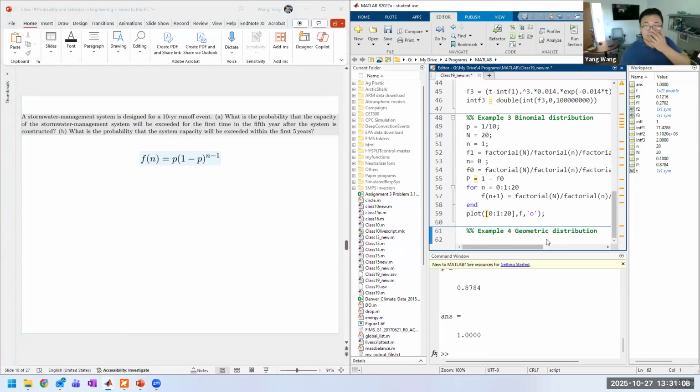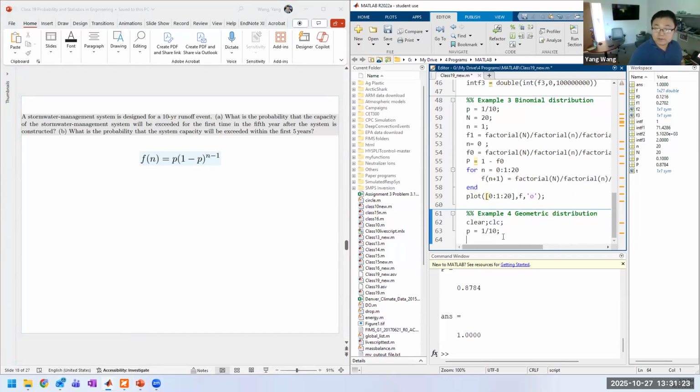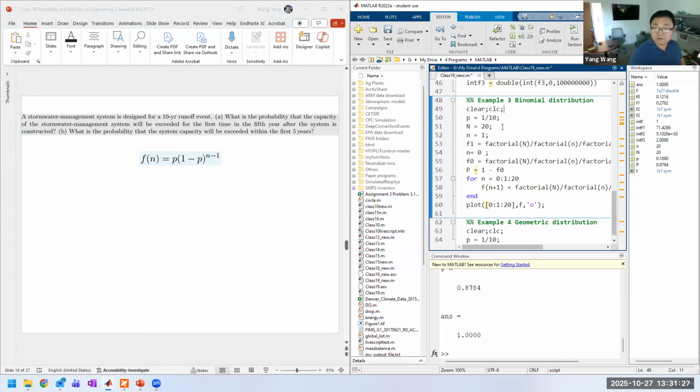Based on this definition, P is the value of 1/10. Let's also clear the memory in case there are confusions.